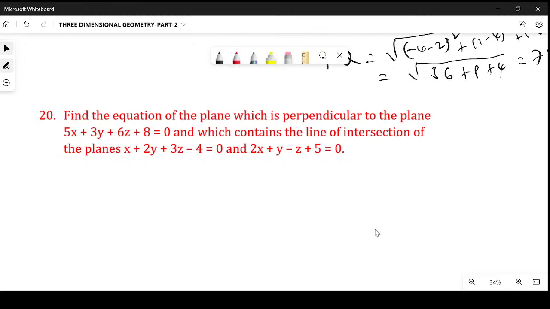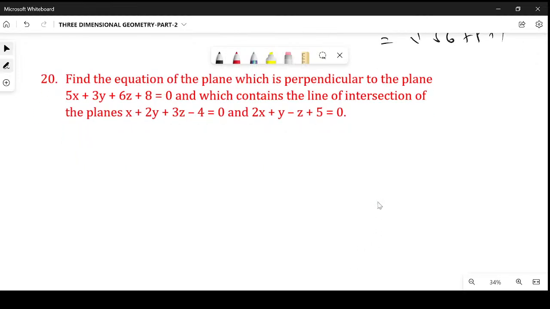Find the equation of the plane which is perpendicular to the plane and which contains the line of intersection of the planes. So for the line of intersection of the planes, you can write the required plane is pi 1 plus lambda into pi 2 equal to 0.